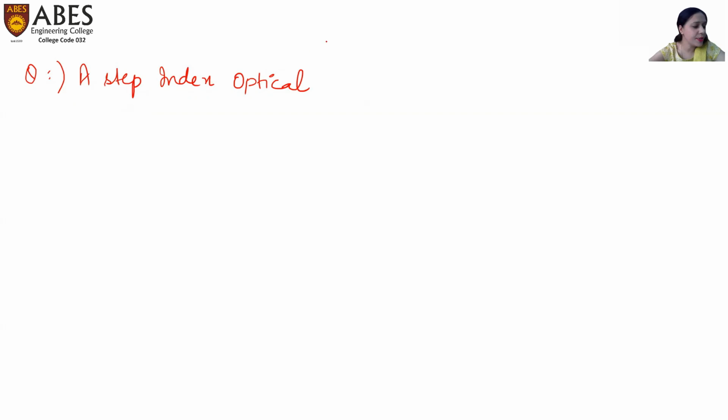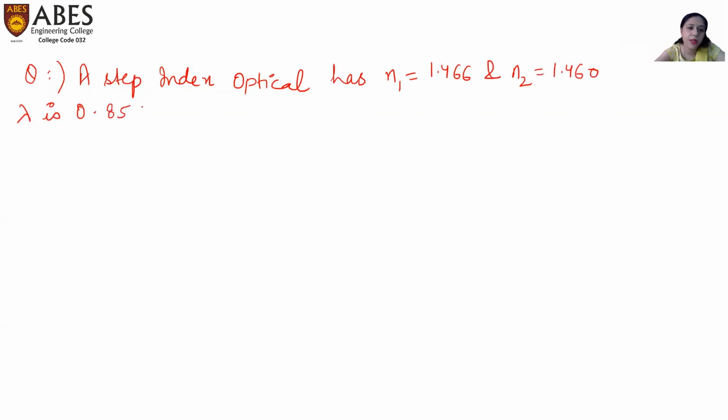A step index optical fiber has core refractive index N1, which is 1.466, and cladding refractive index, which is 1.460. The wavelength of the light in this case is 0.85 micrometer.